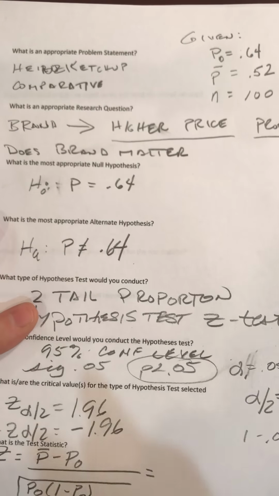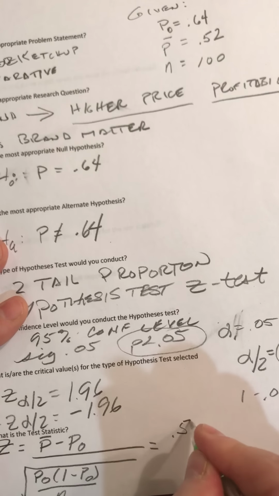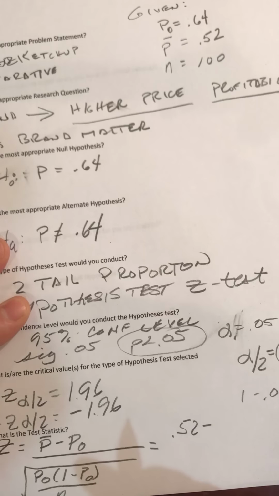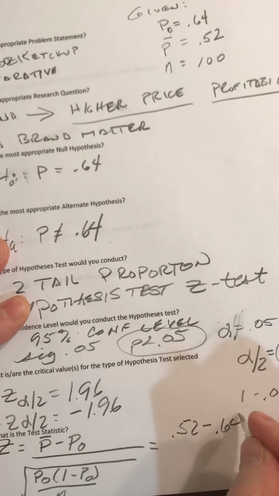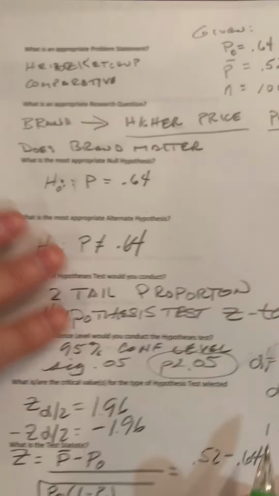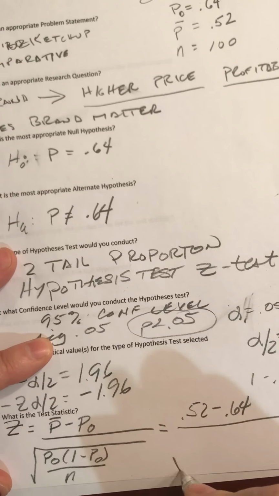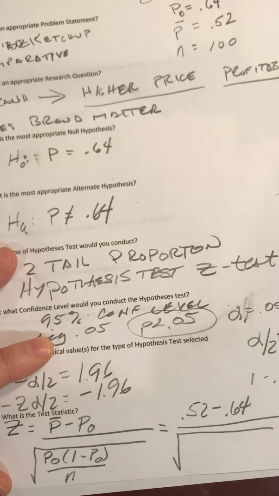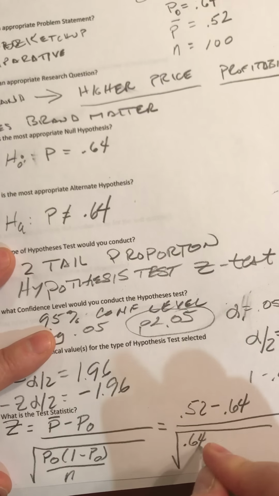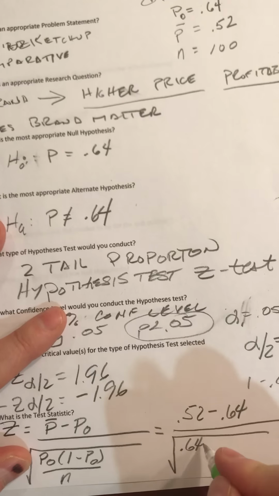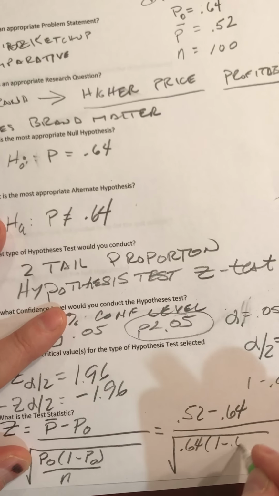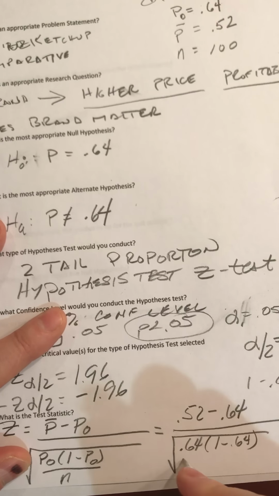p bar is equal to 52, just plug and chug, minus 0.64, so p bar minus p sub 0 is 52 minus 0.64. And then I'm going to divide by the square root of 0.64, which was our p sub 0 value, times 1 minus 0.64, divided by 100.